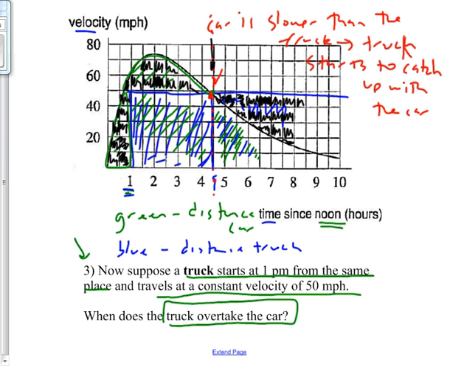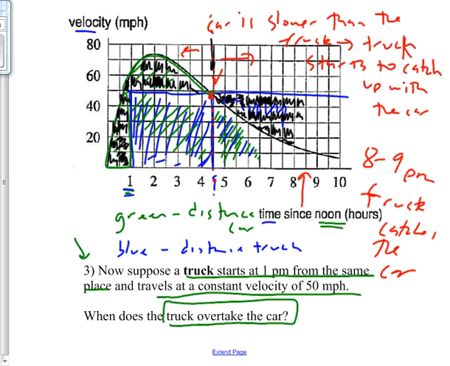And now we're almost at the point where there's no more distances that the car went to the left of this line that the truck didn't go to the right of this line. So therefore, roughly between 8 to 9 p.m., the truck catches the car.